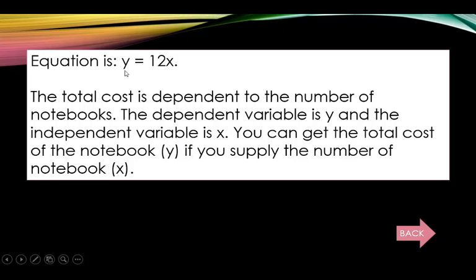Ibig sabihin, yung value ng y natin ay nakadepende dun sa magiging bilang ng notebook. You can get the total cost of the notebook, y, if you supply the number of notebooks. Makukuha mo lamang ang value ng y, kung meron kang value ng x. Ilang bang notebook ang bibilhin? Alright? So, that is an example of equation and table.